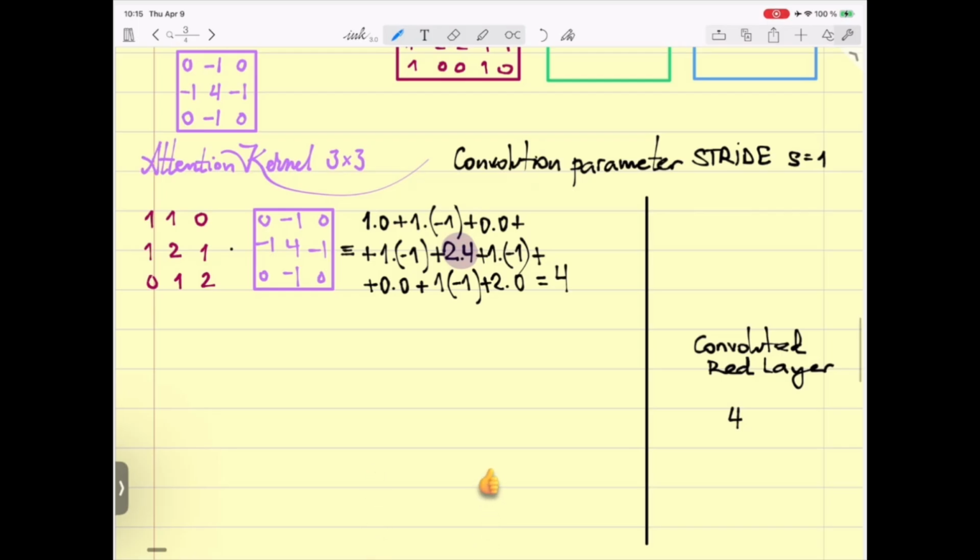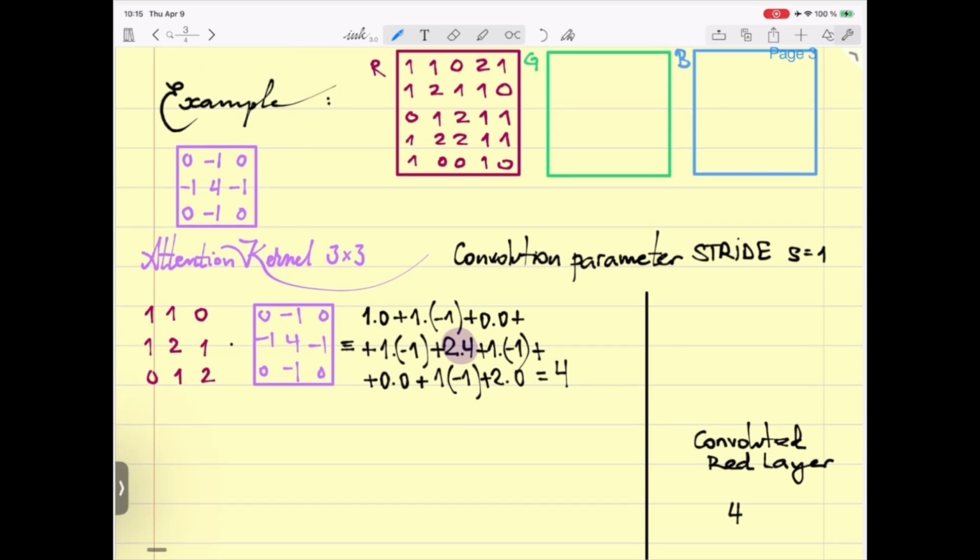Okay, so we do the next example. The next example, as I said, we are moving from here to the next window.